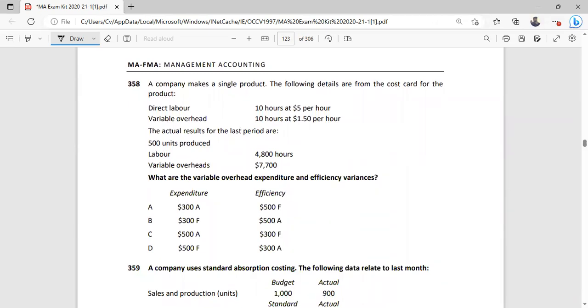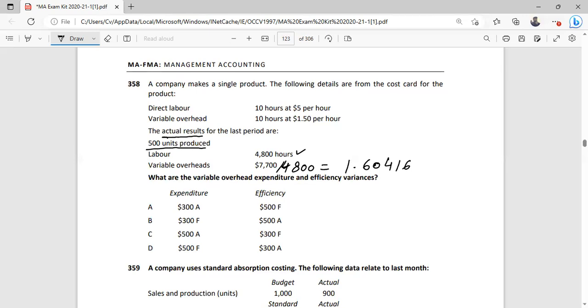Okay. A company makes a single product. The following details are from the cost card for the product: direct labor, variable overheads. Actual results for the last period: actual production units 500, actual labor hours 4800, variable overheads 7700. You can calculate your actual variable overheads per hour by dividing 7700 by 4800. It is 1.60416.